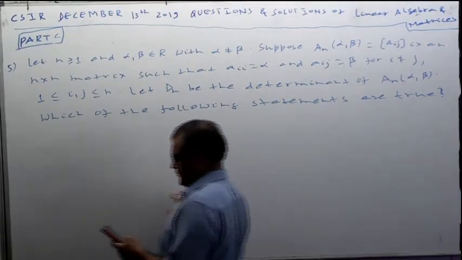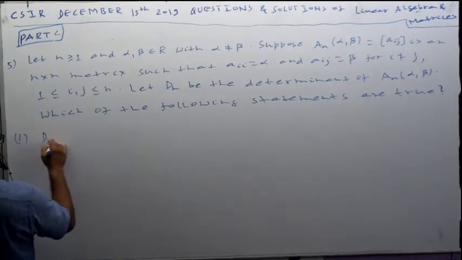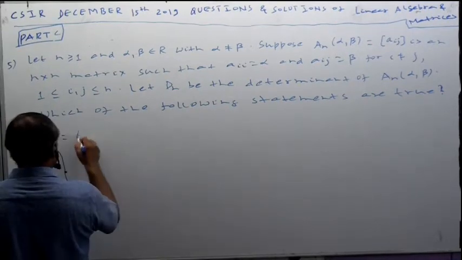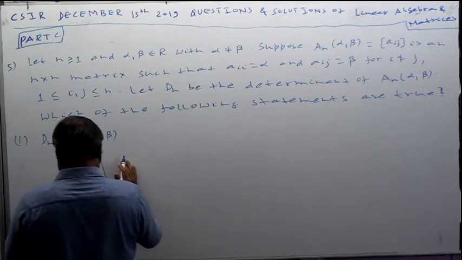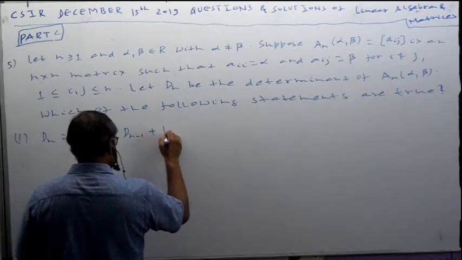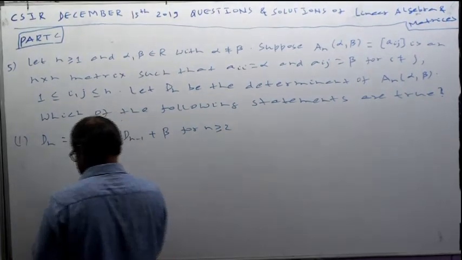Number 1, Dn is equal to (alpha minus beta) times D(n minus 1) plus beta for n greater than or equal to 2.